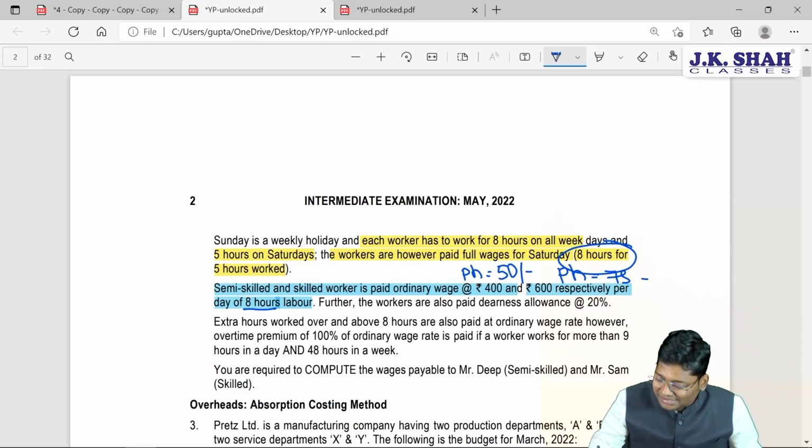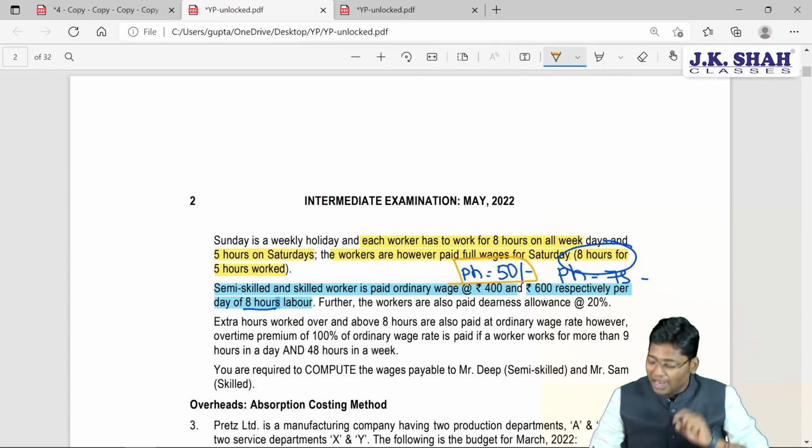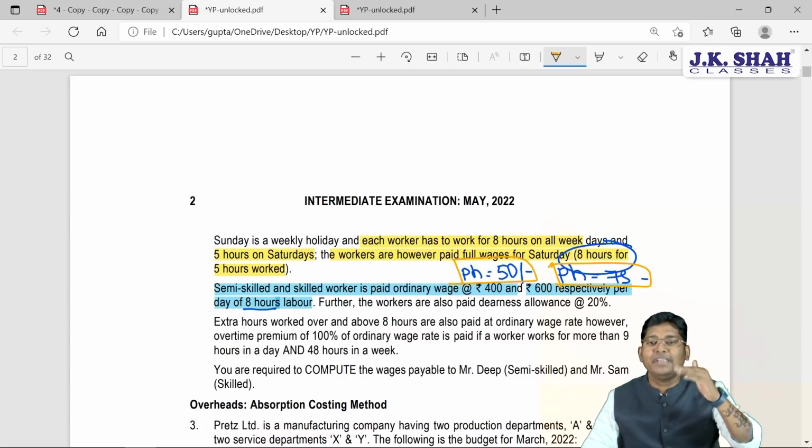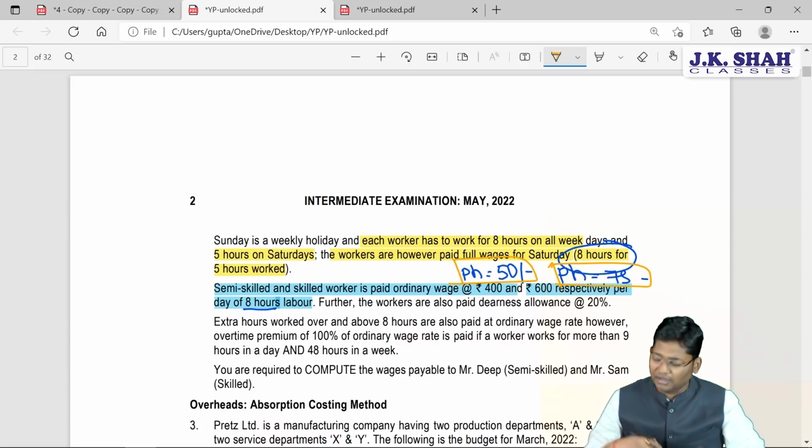So your semi-skilled worker is paid at the rate of rupees 50 per hour and your skilled worker at the rate of rupees 75 per hour. We just converted the daily wage rate into an hourly wage rate for our understanding.